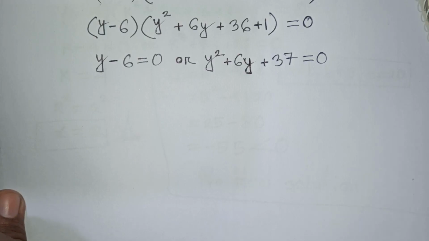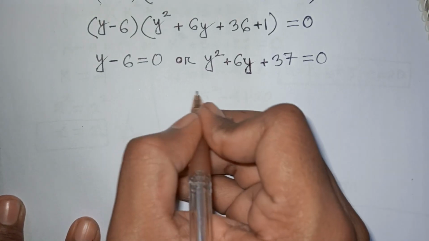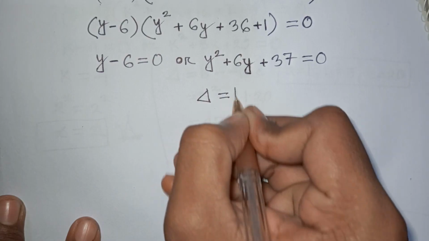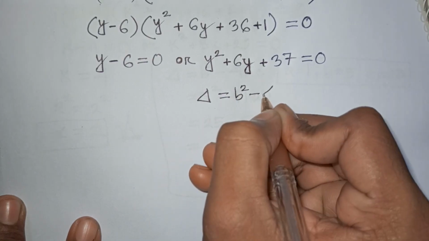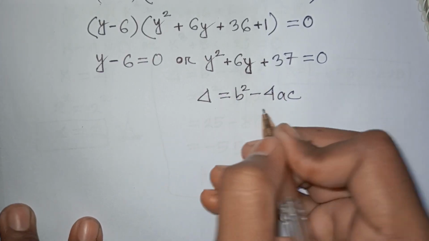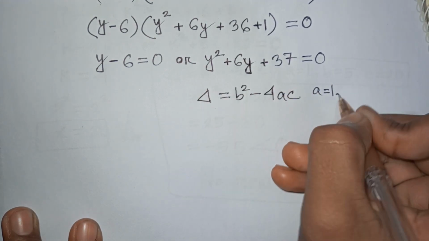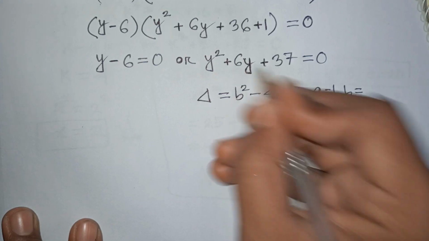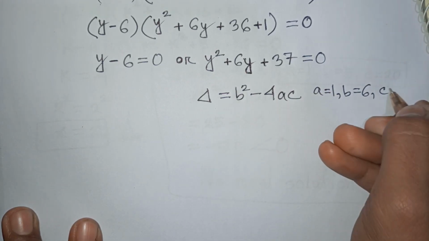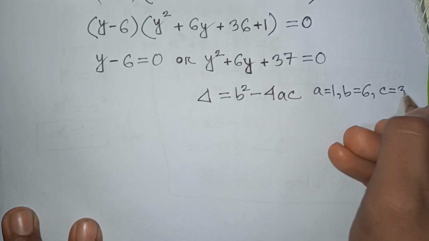In the next step, here we apply the discriminant formula. So delta is equal to b square minus 4ac. Here a is equal to 1, b is equal to 6, c is equal to 37.